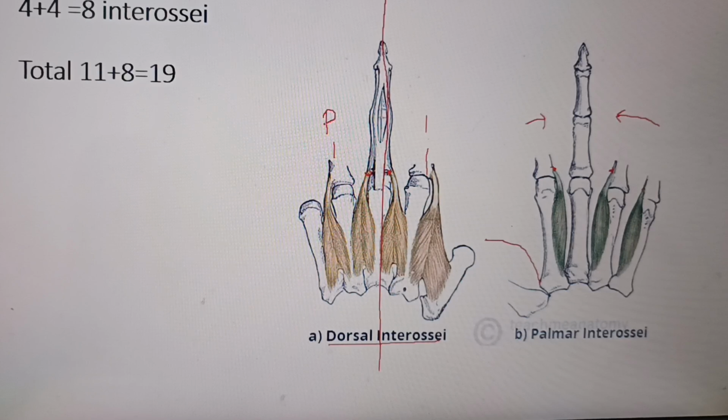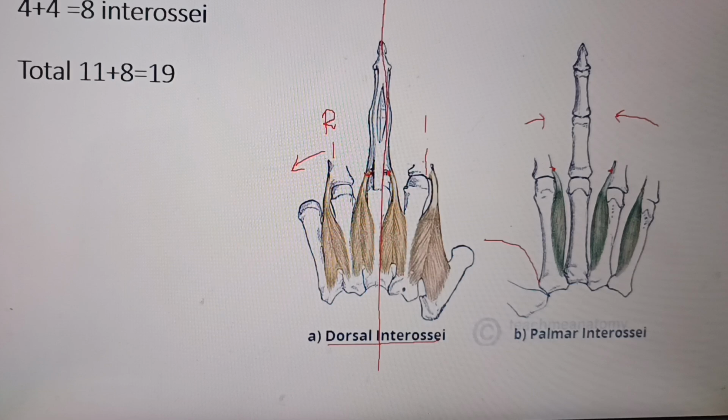So index finger and ring finger are made to move away from the middle finger, right? So for that purpose, look at the insertion. Insertion is outside or towards the periphery.